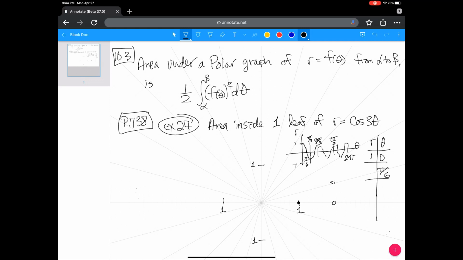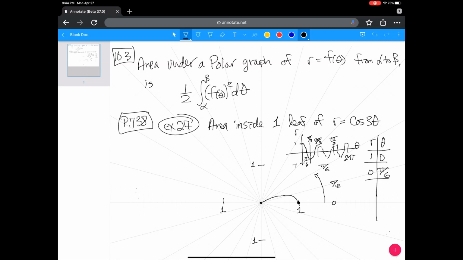This angle is pi over 12, this angle is pi over 6. By the time I've moved from 0 up to pi over 6, the radial length has dropped from 1 down to 0, so it's going to do something like this. As I went from 0 to pi over 6 in angle, it went from 1 down to 0, and here I got a 0.